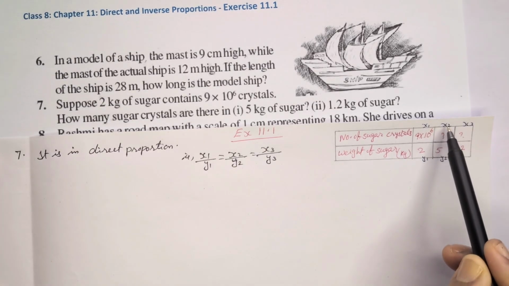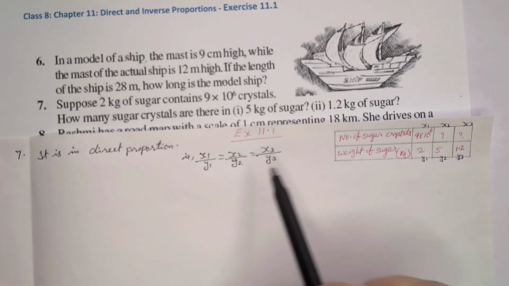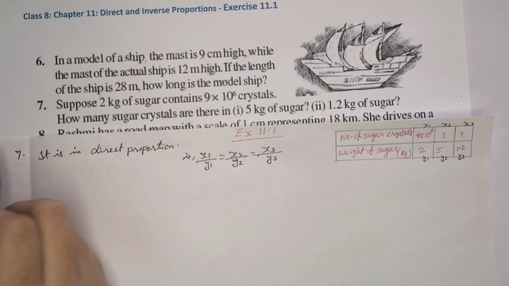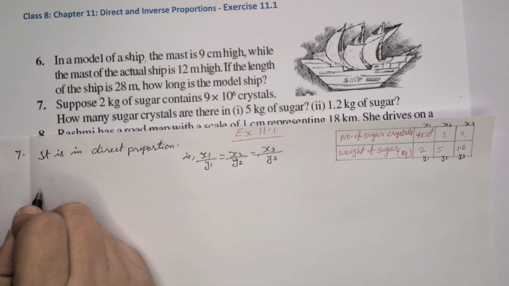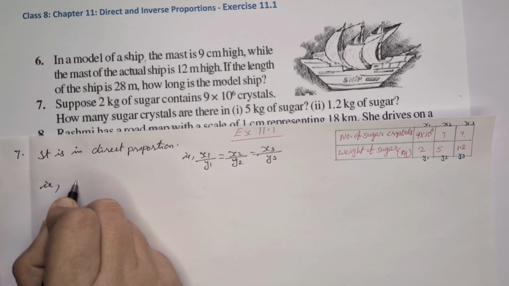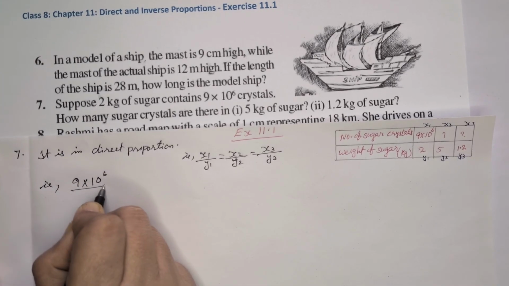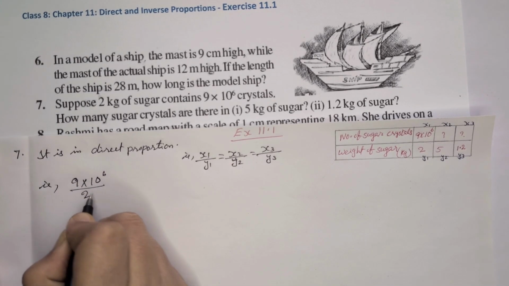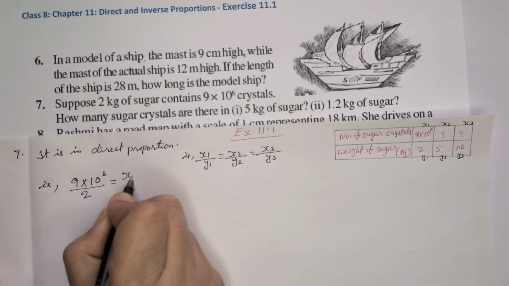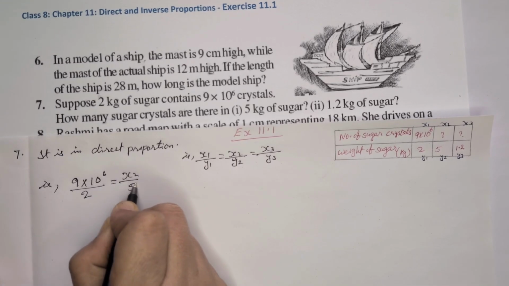So this we can mark as x2, this as x3. When we are applying in the equation, we can write that as 9 into 10 raised to 6 divided by 2 is equal to x2 divided by 5.